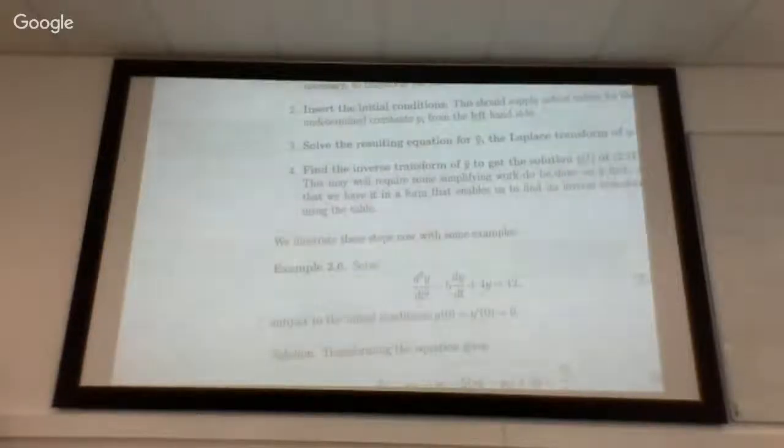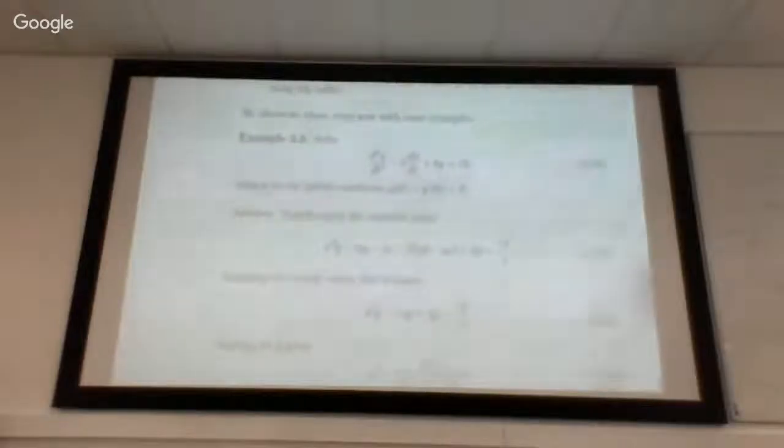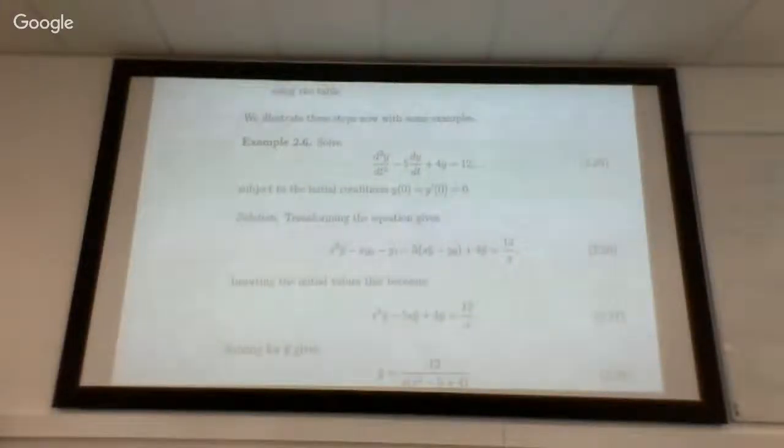Okay. So let's straight away look at an example. Now, the first example is pretty much all the steps are in the notes, so let's just step through that in the notes. And then I've got another example to do on the screen as well. So here's our first example.